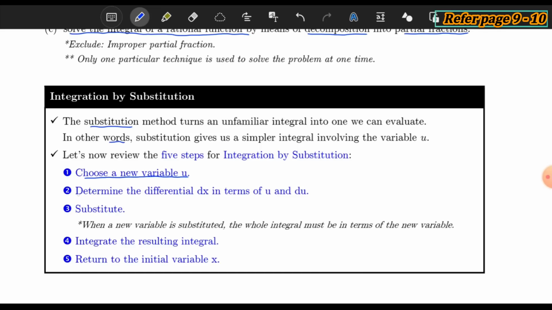Next, determine the differential dx in terms of u and du. So first, choose u. Second, we need to differentiate. Third, we substitute. And number 4, integrate the resulting integral, which must be in terms of u. And the last one, return to the initial variable x.